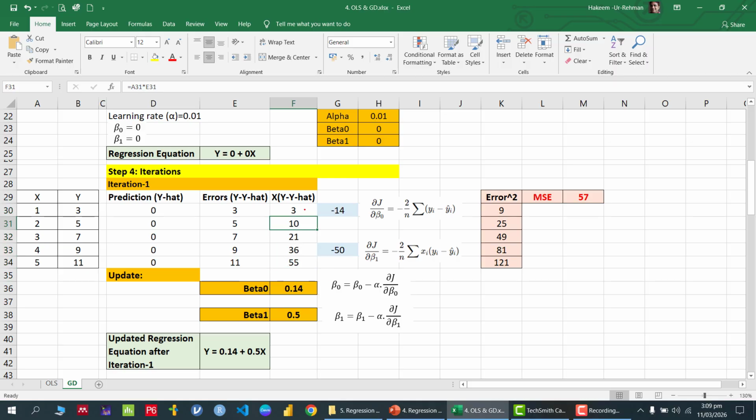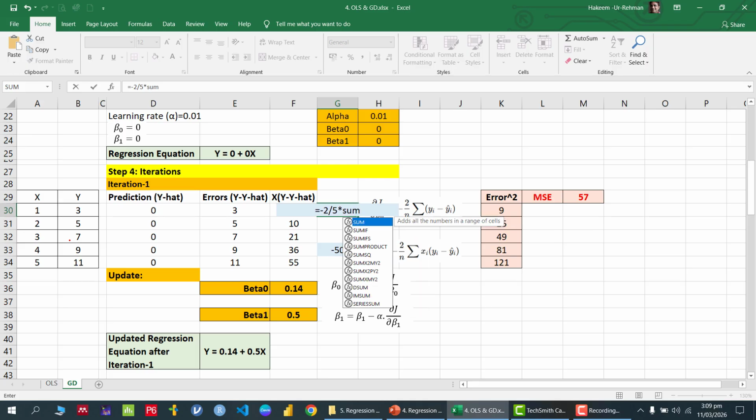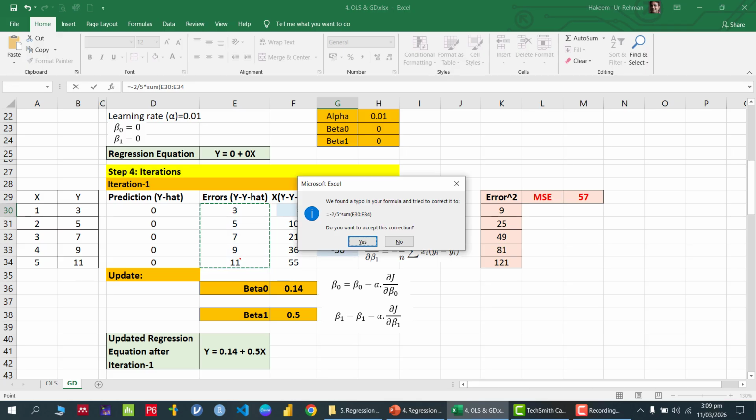Now we are going to calculate the gradient value of beta naught, which is equal to minus 2 divided by n, the number of data points, so we have 5, multiplied by the sum of these error values, as per the formula.